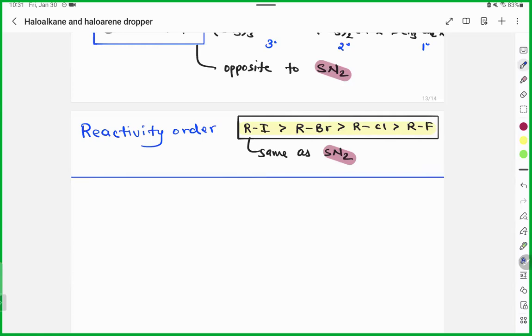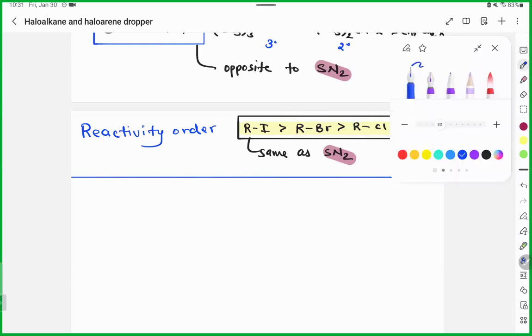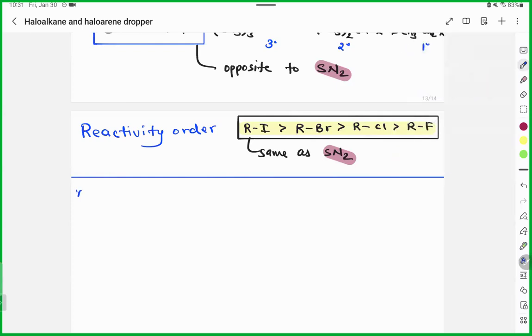Sania, other than hyperconjugation, which factor is responsible for high stability of a compound? Resonance. Resonance is highly stabilizing. The more resonating structures, the more stable the carbocation.